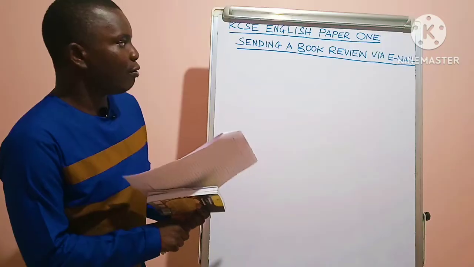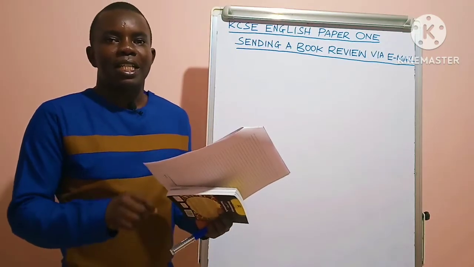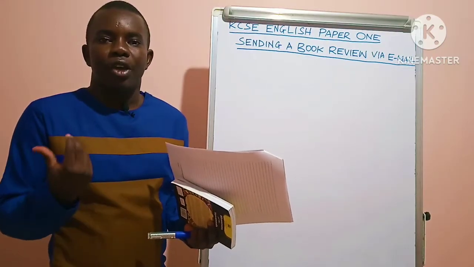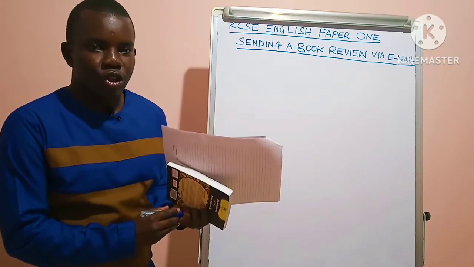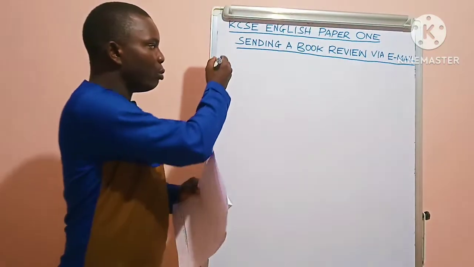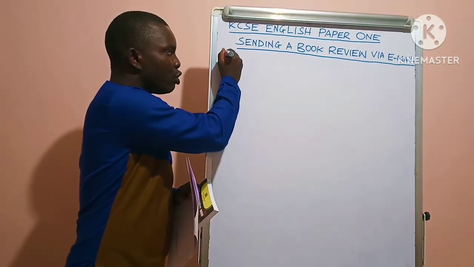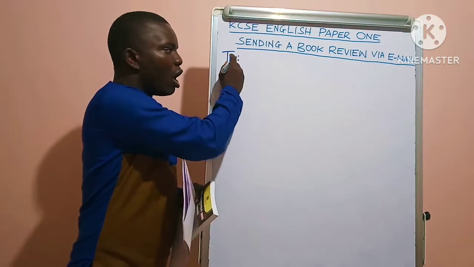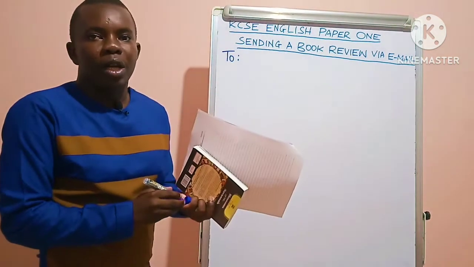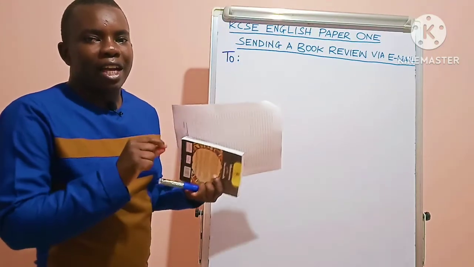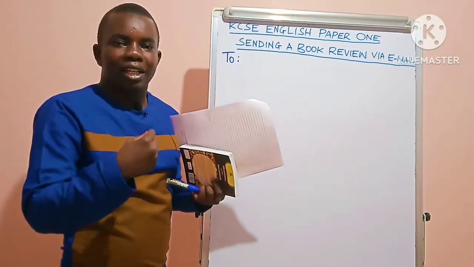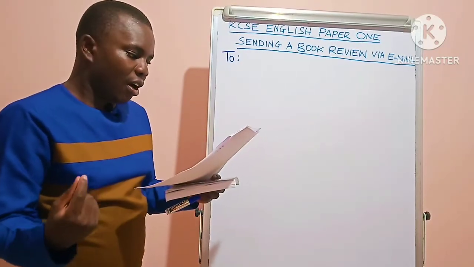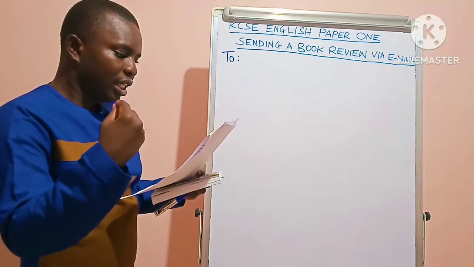So, the first thing we do is that we will give an outline of the email. So, we begin with "To," and "To" will be the email address of the person to whom you are sending the email.